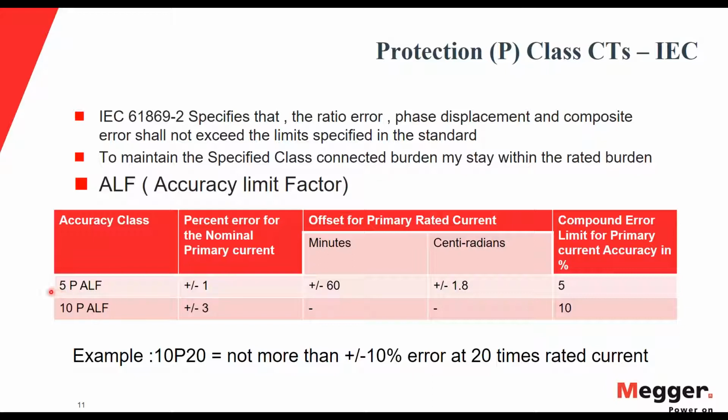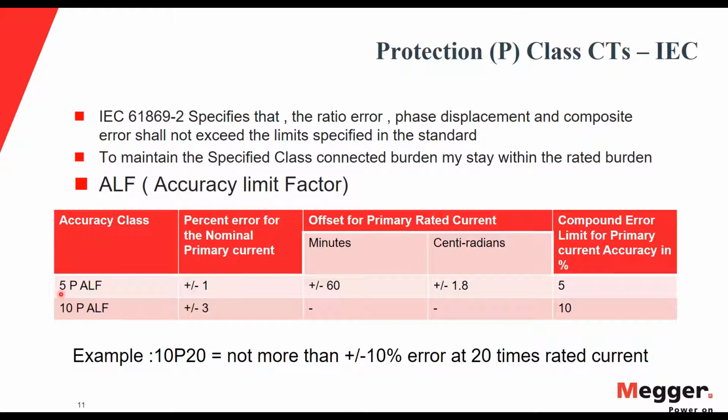For example, 5B means I have plus or minus 5% error, and here you hear me say 5% error, which is very big compared to what we had in the metering CT, 0.1, 0.2, 0.5 in that classification application. But in a protection CT, I can go up to 5%.